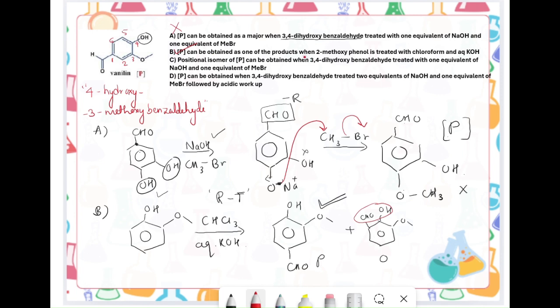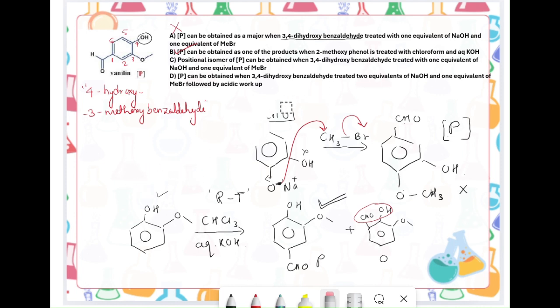It says it's going to be one of the products, which is correct. So statement B is correct. So far we got one right statement and one wrong statement. So please keep copying these reactions so that I can move forward to the next two statements.